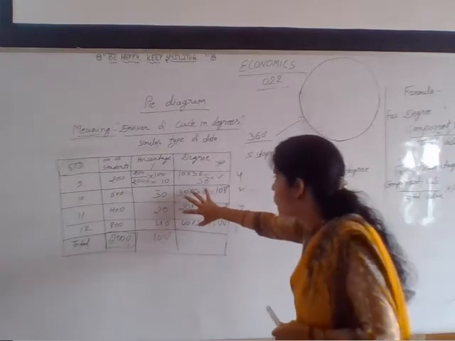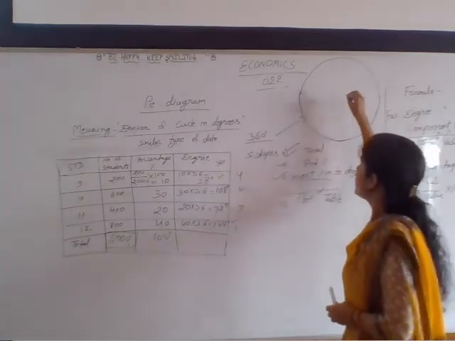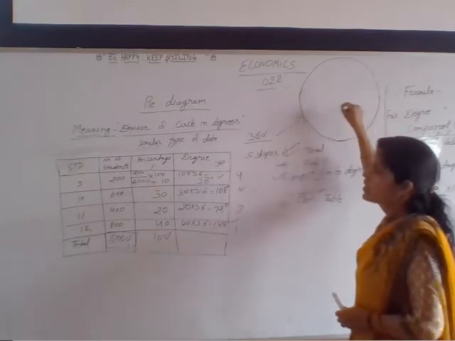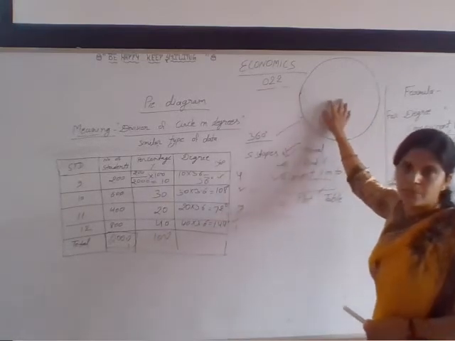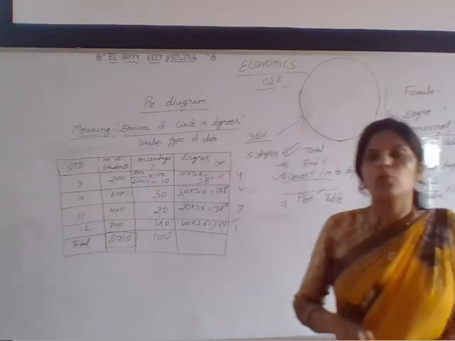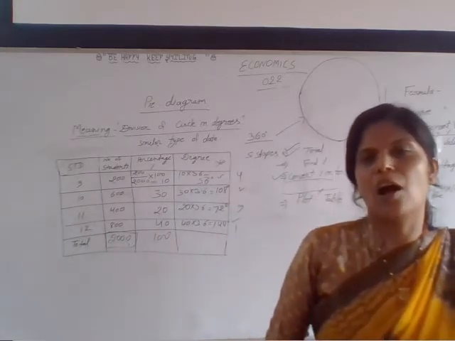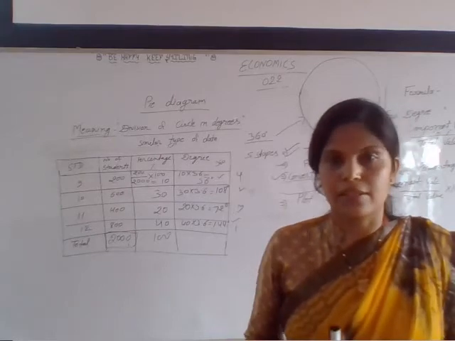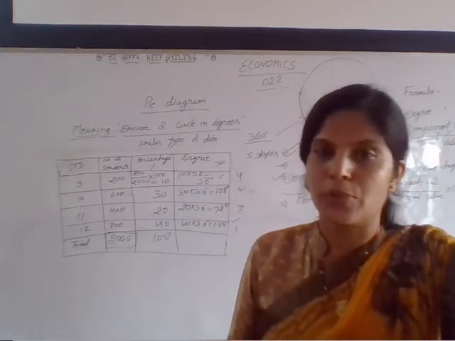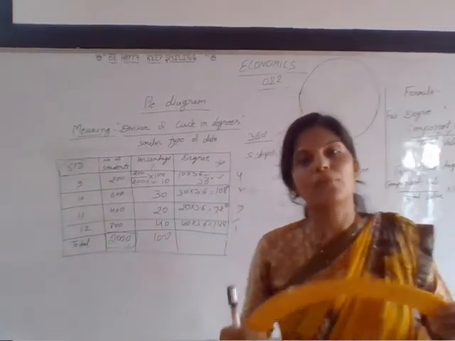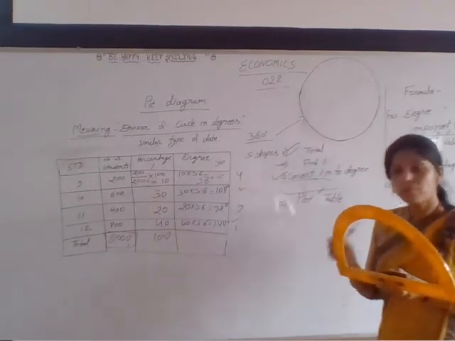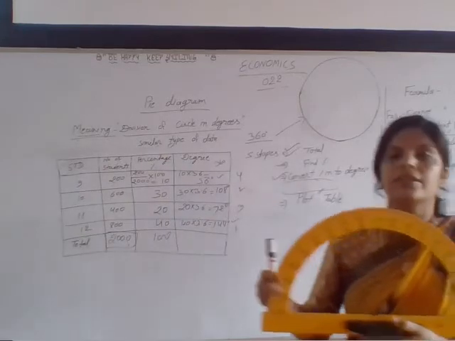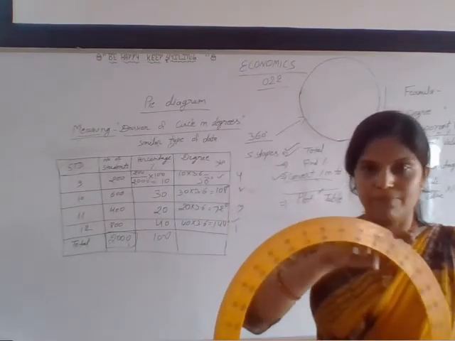In this table we have mentioned, we have to draw different divisions in this circle. Now next question in your mind: how will we draw these degrees in this circle? We have to use the protractor, and with the help of this protractor, all these values mentioned here.